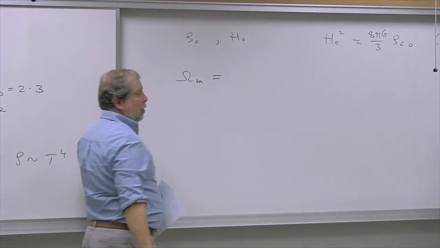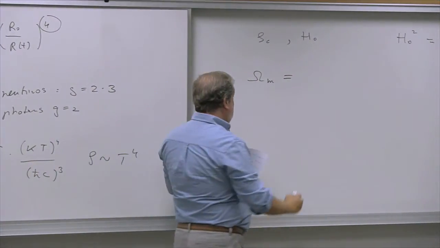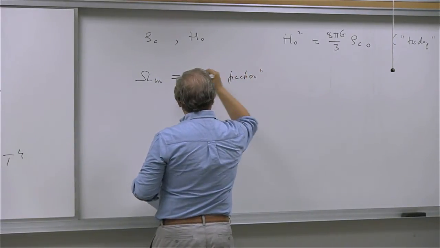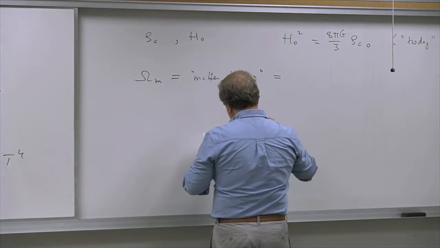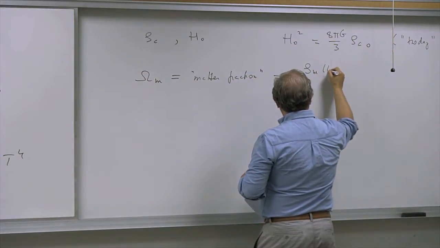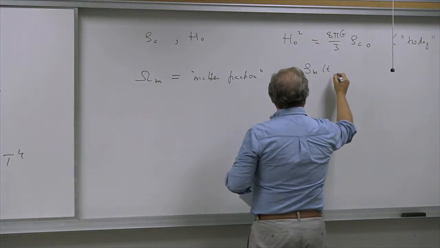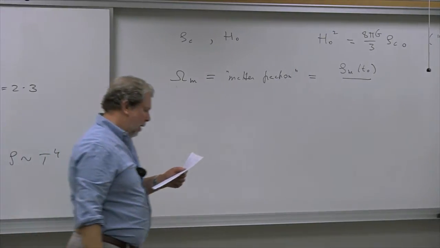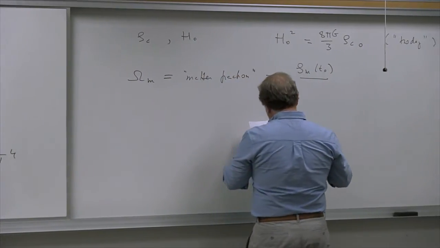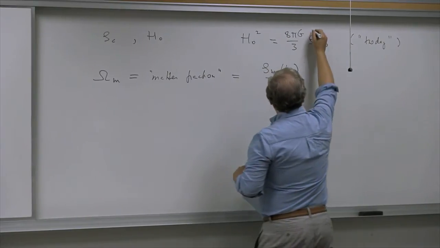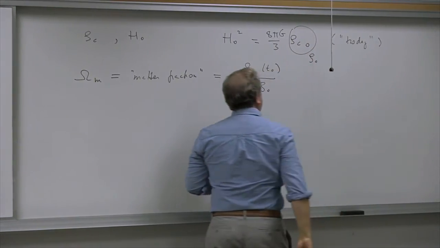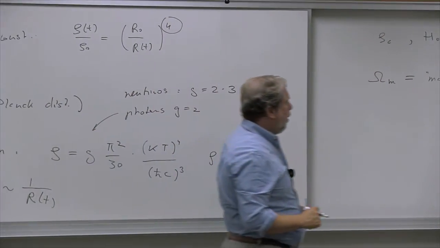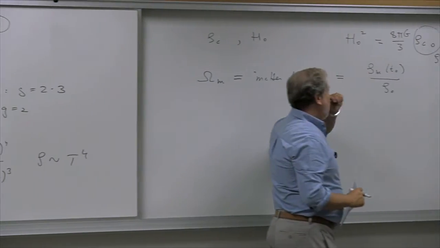So we first introduce the matter fraction, so that is the density of matter, let's say today, divided by this rho naught. So let's call this rho naught the critical density today, which is something that we can estimate based on the knowledge of the Hubble constant today.